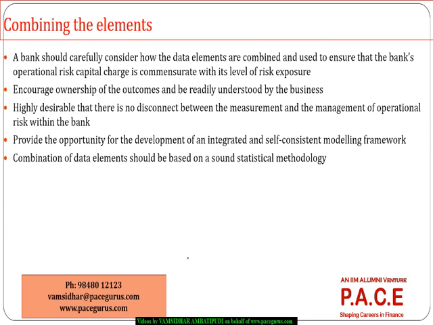Then comes the process of combining all these elements. So the bank has identified all four elements, and now it has to come up with how they need to be combined to ensure that the operational risk capital charge is in line with the level of risk exposure of the bank. The ownership of the outcomes needs to be encouraged and understood by the business.